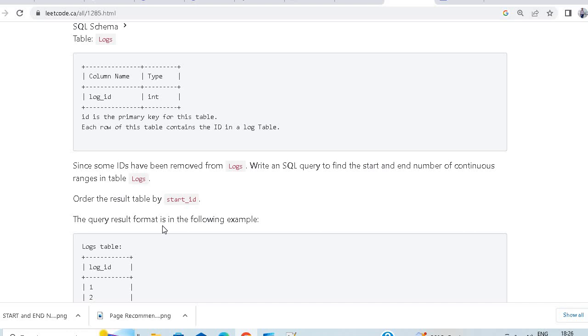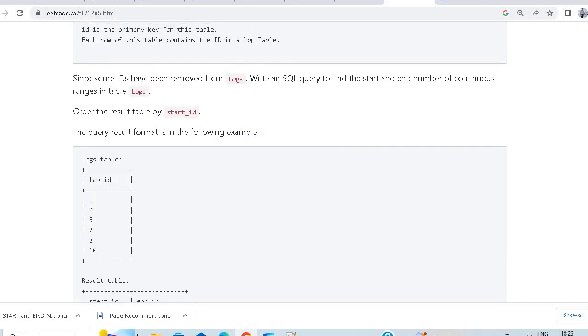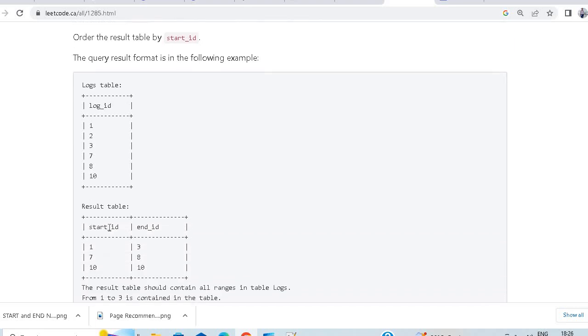For example, this is the table. In this I can see there are six log ids: 1, 2, 3, 7, 8, 10. The result they are expecting is: this number starts with 1 and continuously goes till 3.